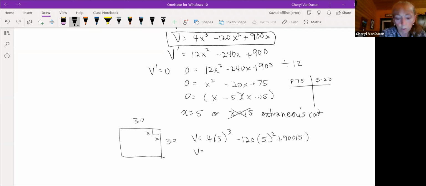Do the calculation, and we should get 2,000 centimeters cubed. I suppose I should take a second to double check that that's what I get. So give me a second and I'll do that. Yep, bingo.